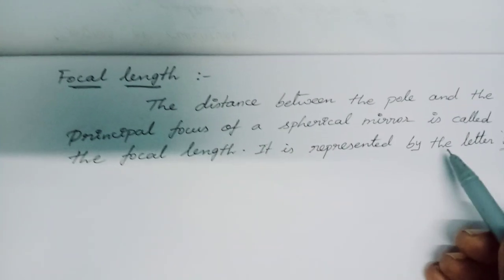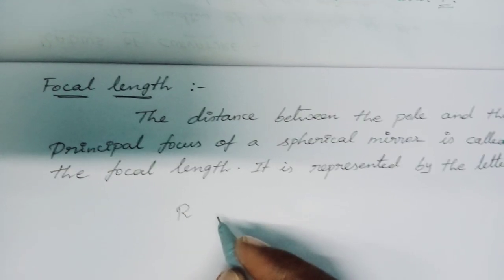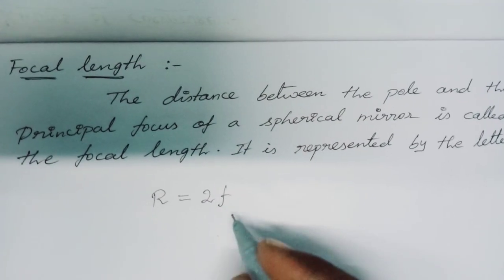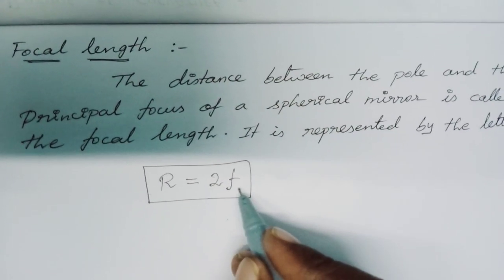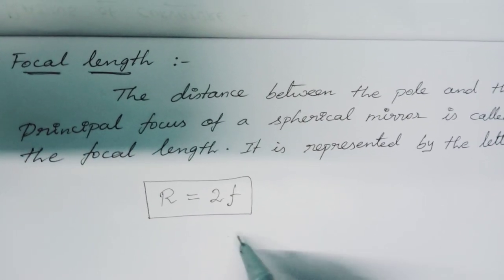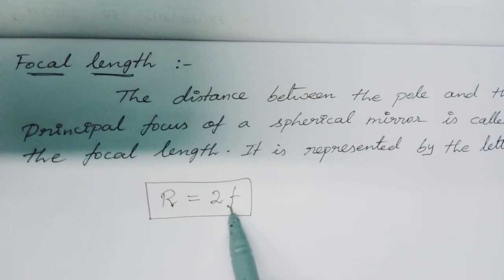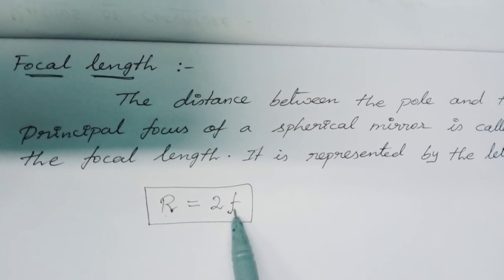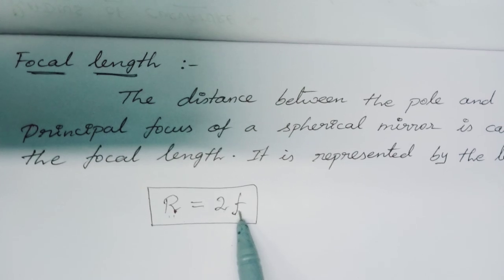By using that observation, we can write that radius of curvature R is equal to 2 times the focal length. This is a very important relation between the radius of curvature and the focal length. By using this formula, we are going to solve the numerical problems also. So be clear about this. R is radius of curvature and small f is the focal length. What is the relation between the radius of curvature and focal length? The radius of curvature is equal to twice the focal length.